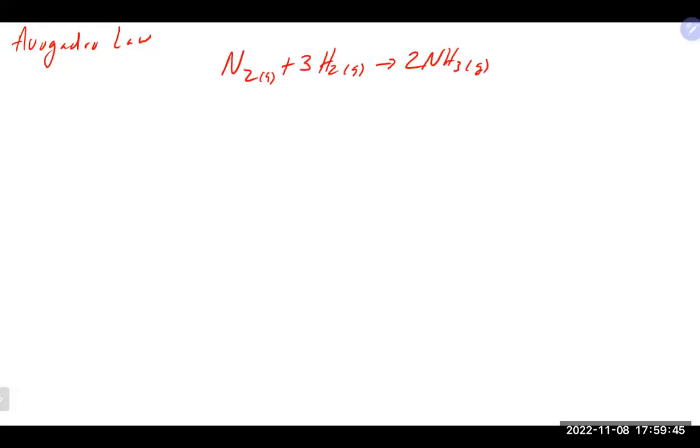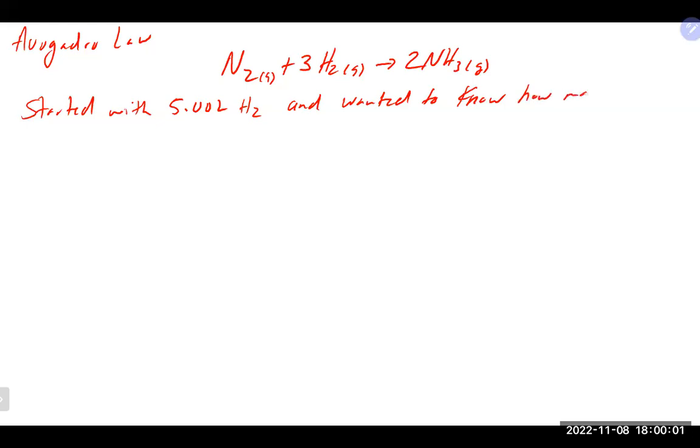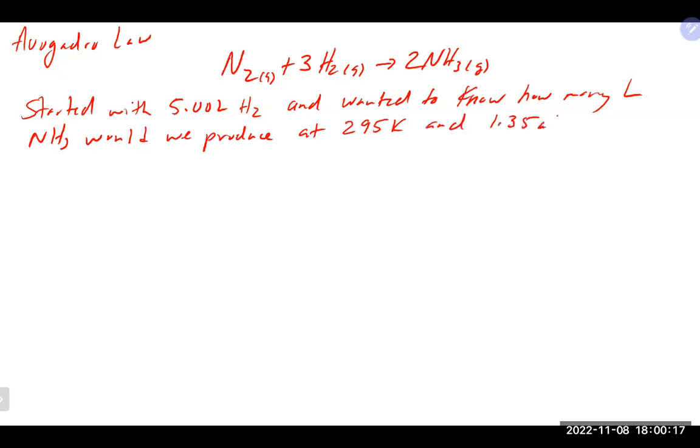And let's say that we started with 5 liters of H2 and we wanted to know how many liters of NH3 would we produce at, we'll just make up some temperatures here. We'll go 295 Kelvin and 1.35 atmospheres.